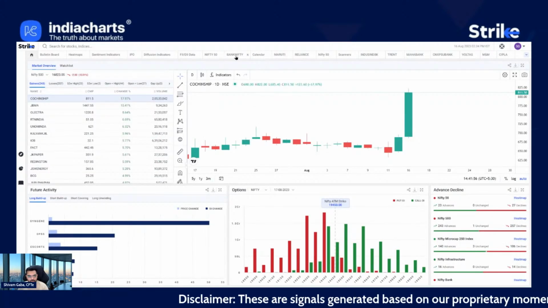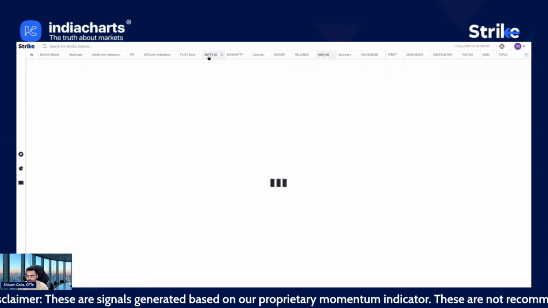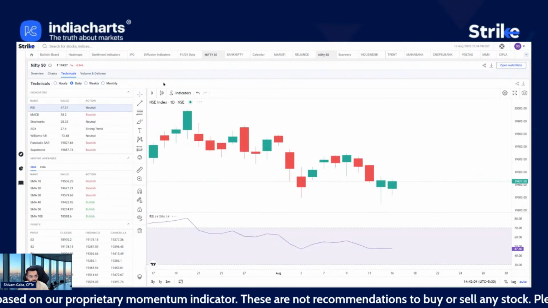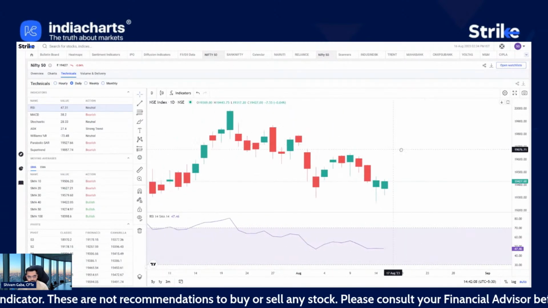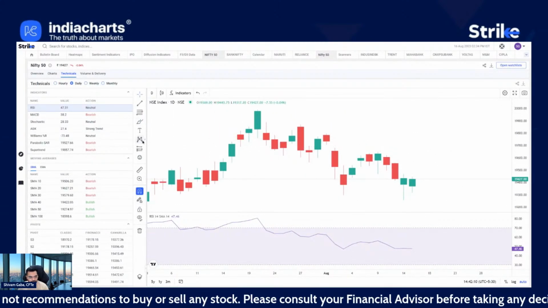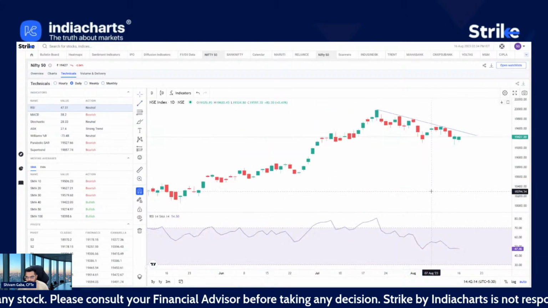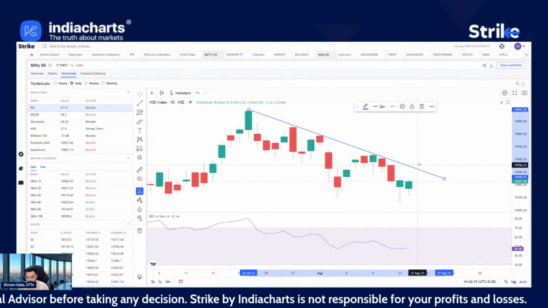So let's have a look at the charts of Nifty and Bank Nifty itself. This is the daily chart of Nifty. We have been looking at this particular trend line for us to give a clear signal. You can see it is still quite a bit away.